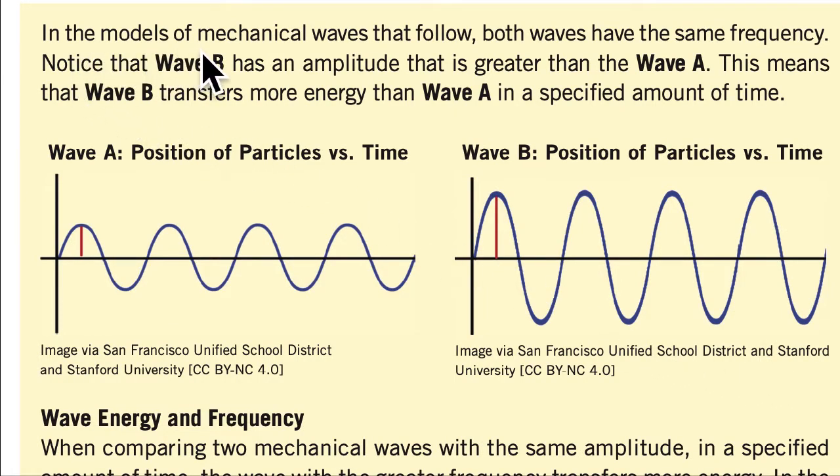In the models of mechanical waves that follow, both waves have the same frequency. Notice that wave B has an amplitude that is greater than wave A. This means that wave B transfers more energy than wave A in a specified amount of time. Wave A, position of particles versus time. Wave B, position of particles versus time.